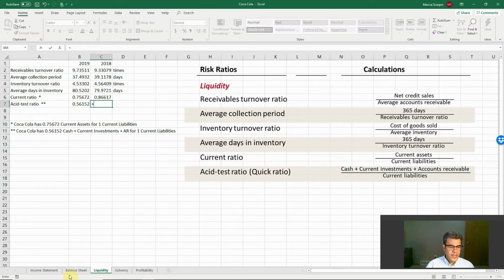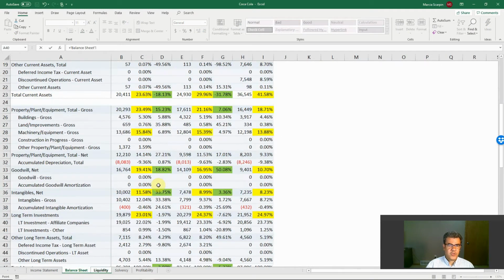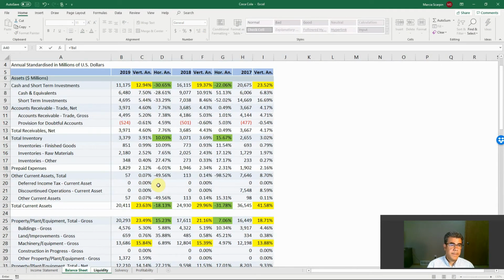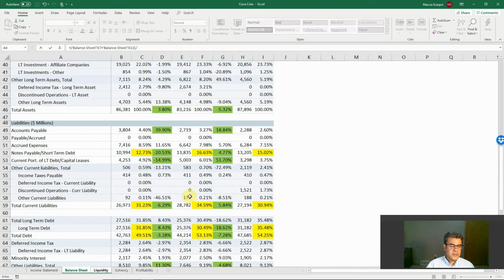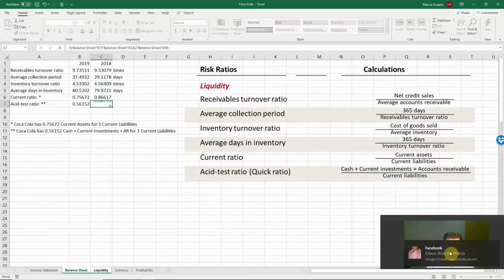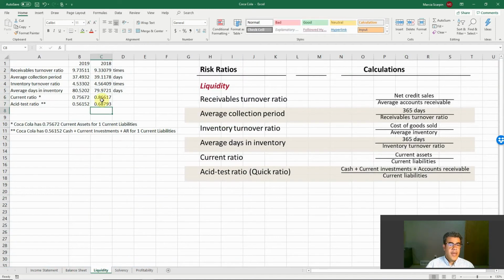And the acid test ratio for 2018, let's compare how good we are. Parentheses here, cash 16 plus receivables 3 divided by current liabilities here. And we have 0.68. So we are going down. So Coca-Cola, you are not so good for your liquidity.